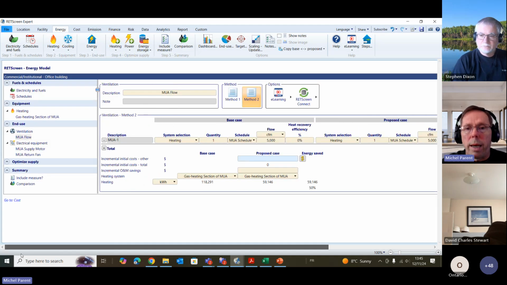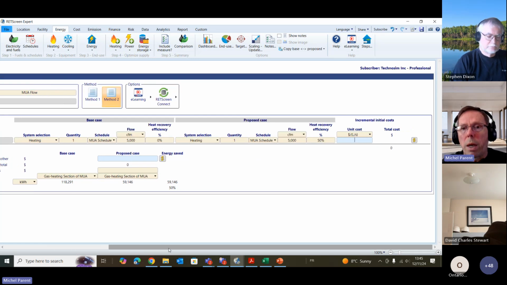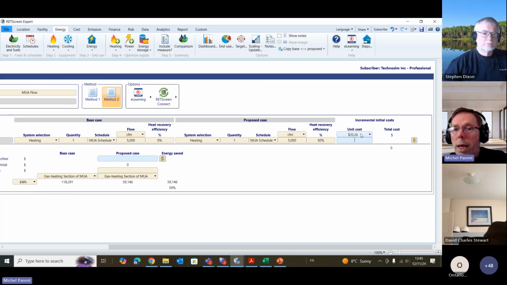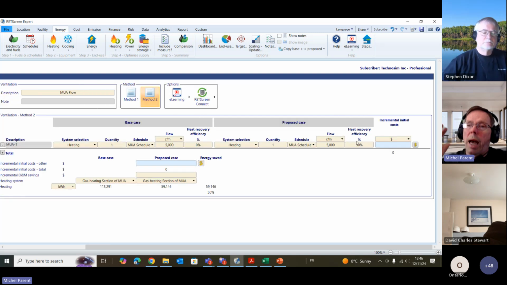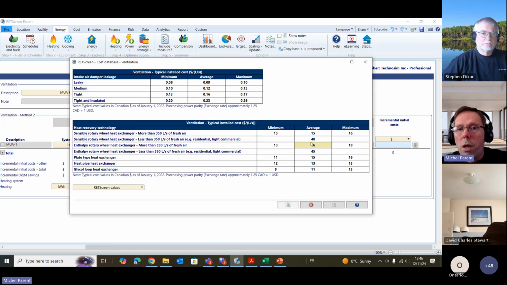So now, I was going to forget, what is the cost of that measure? There's different units for defining the cost. In this case, we actually have a total value. And if you don't know, by the way, there's always those databases, and the database cost here, if I click on it, will give you typical cost for heat recovery per liter per second.